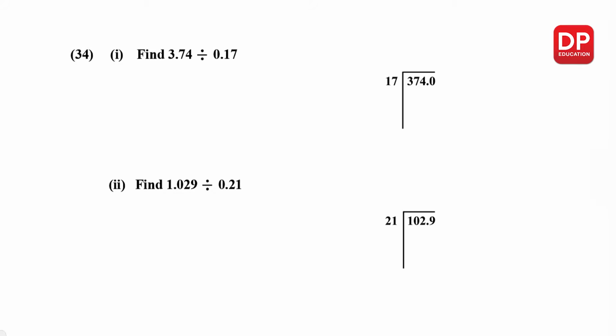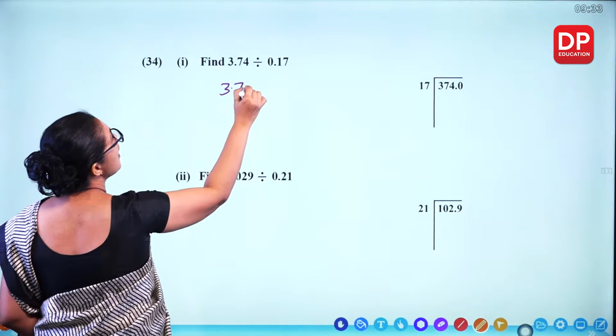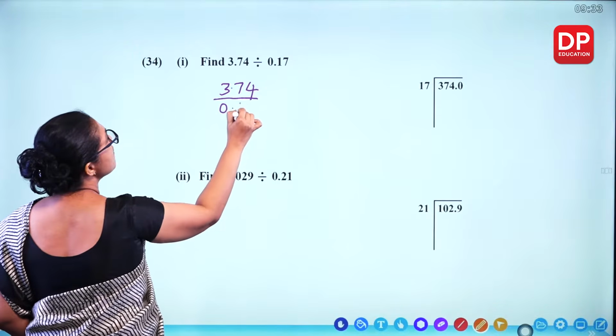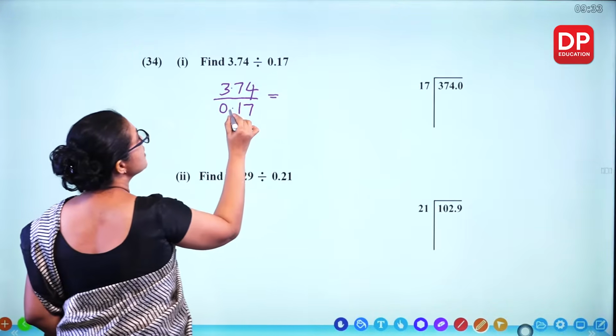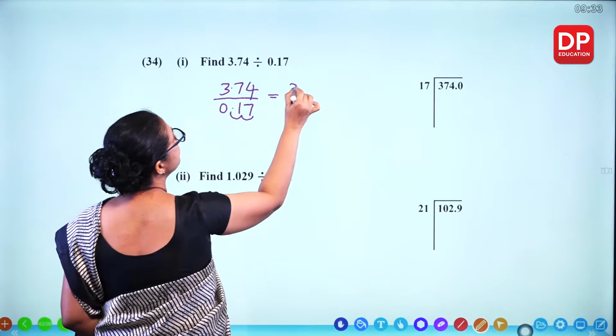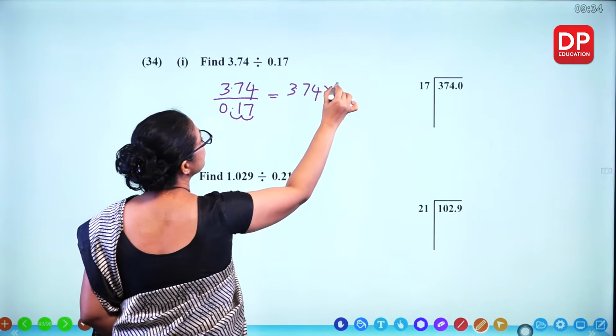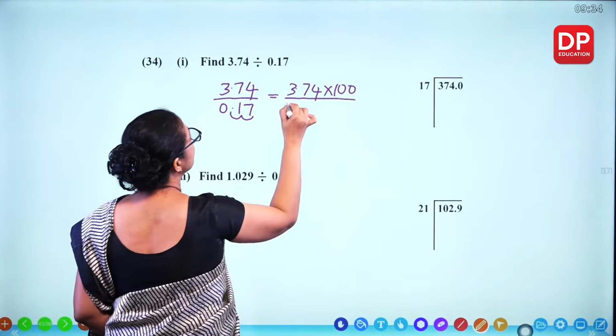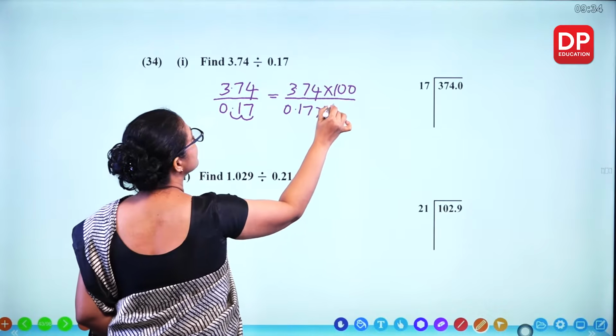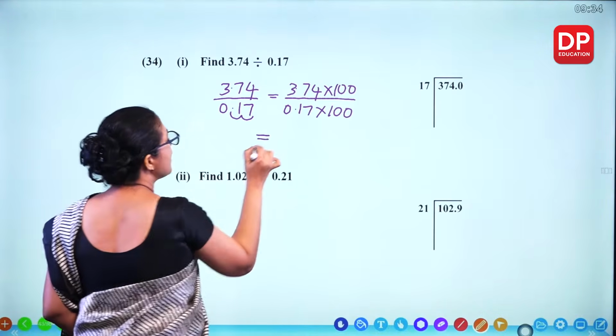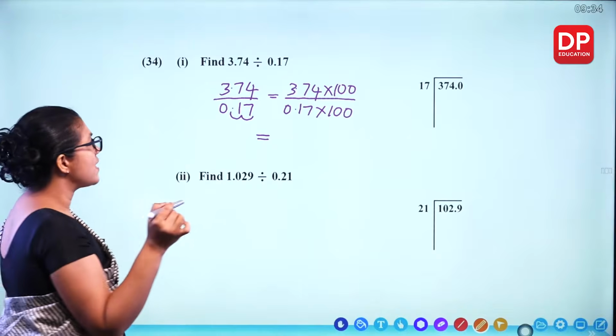Find 3.74 divided by 0.17. What do you do? Multiply by 100. We are trying to get rid of the decimal point in the divisor.